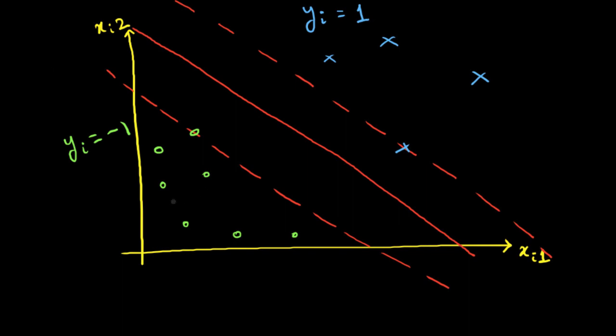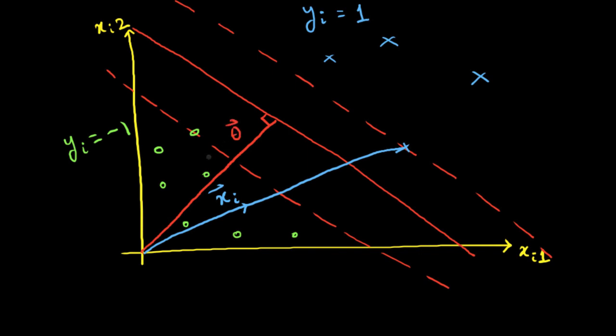So now let us connect our origin with this point, which is the point on the margin. So this is some xi vector. And now for this decision boundary, let us also draw a perpendicular from the origin. This represents our theta vector, which is the vector of model parameters which we want to learn.